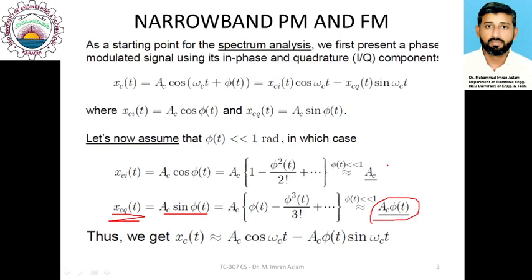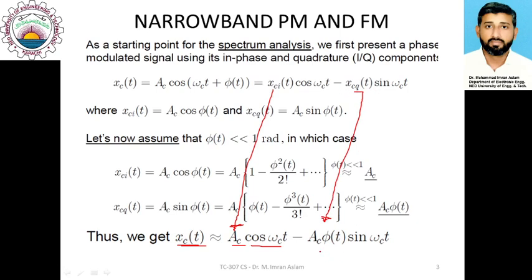If we substitute these approximate values in the original expression, you can see that this modulated signal XC(t) can be written as AC cos omega ct, because the I component is simply AC, whereas the quadrature component is AC phi t. So you can substitute it here to get AC phi t sin omega ct.